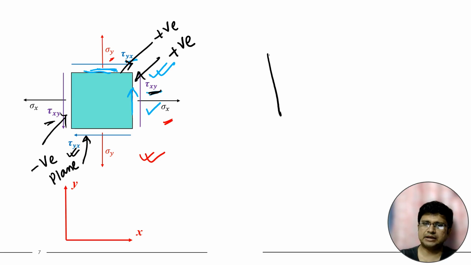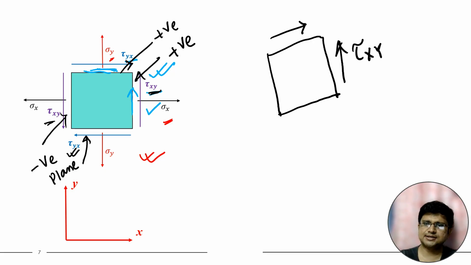Now, mathematically it can be proved that tau xy and tau yx both will be equal. This is tau xy and this is tau yx. These two will be mathematically equal.